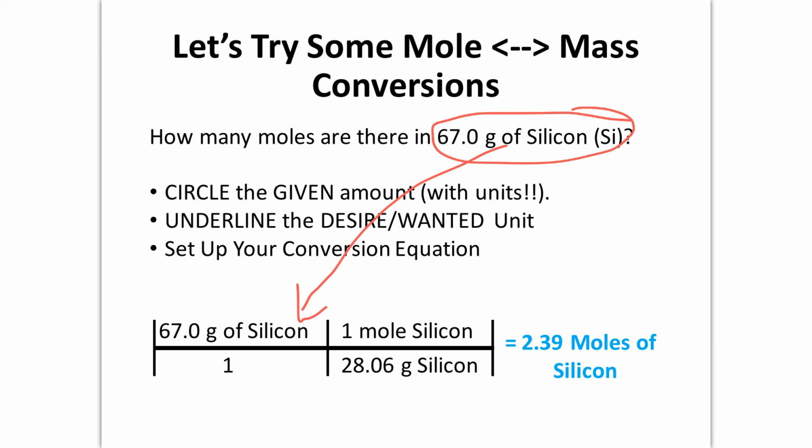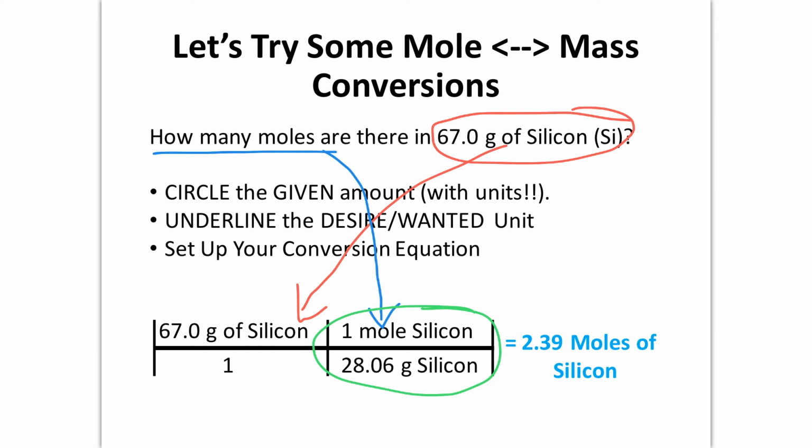Underline the desired unit. So this, what do we want to know? We want to know how many moles, right? So that word, mole, will go here, right? And then we have to set up your conversion equation. So remember, this part right here, this is my conversion factor. 1 mole of silicon, I looked this up, is 28 grams of silicon.